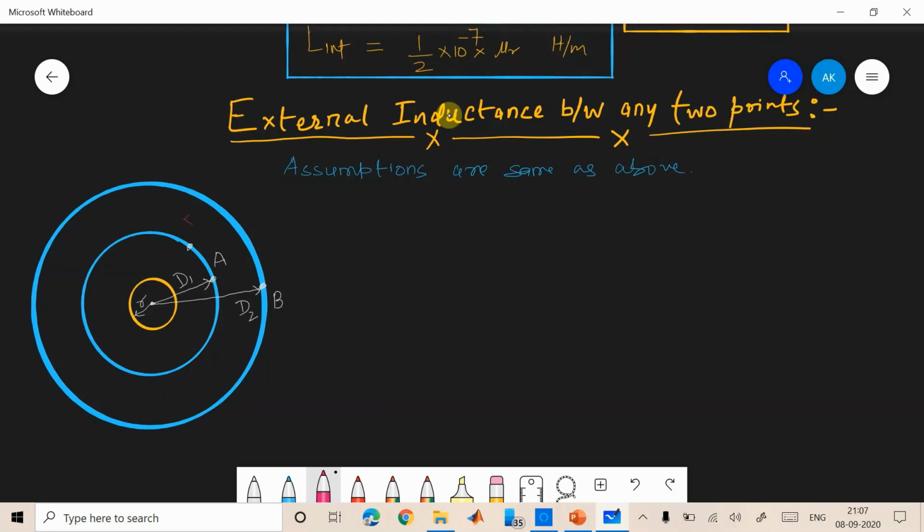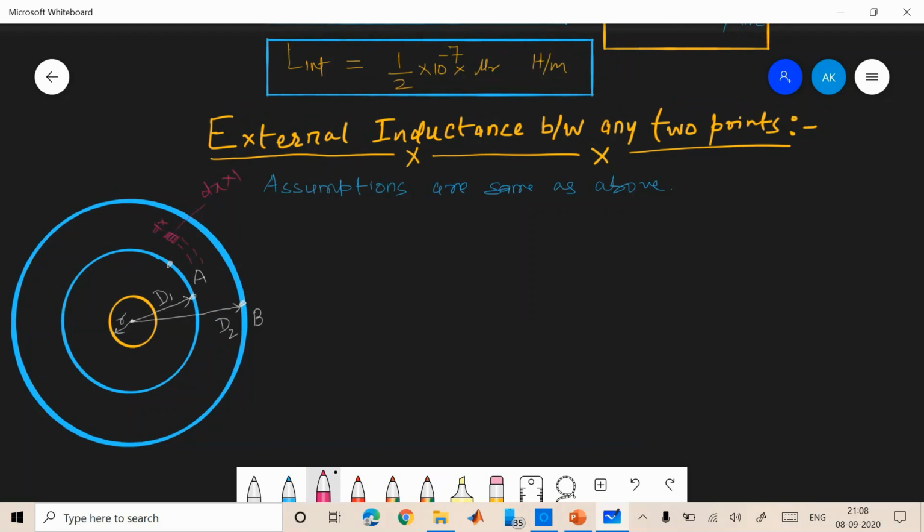So let this be a unit cross section area of dx cross 1 whose width is dx, and its area is dx cross 1, and we will make a circular arrangement because we know that the shape of the magnetic field are concentric to the circle, and the distance of this point dx from the center is your x distance.